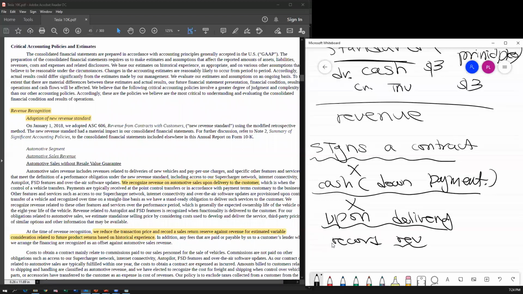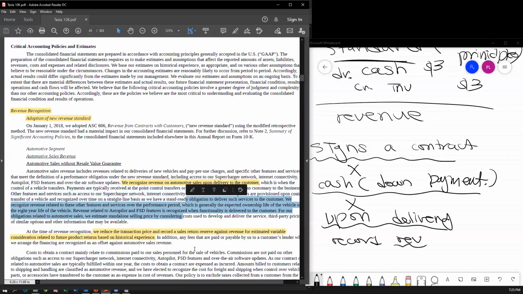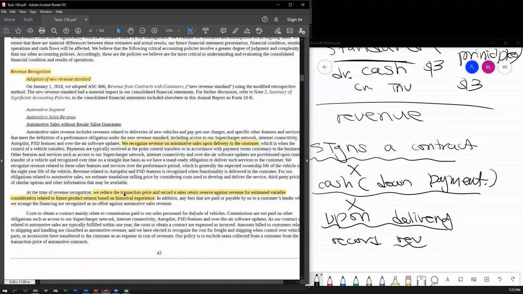Okay, so again, this is not a rule, this is an accounting principle. Depending on how companies interpret the accounting principle, there could be different journal entries, different timing with respect to recording journal entries. Okay, now according to Tesla, we reduce the transaction price and record a sales return reserve against revenue.